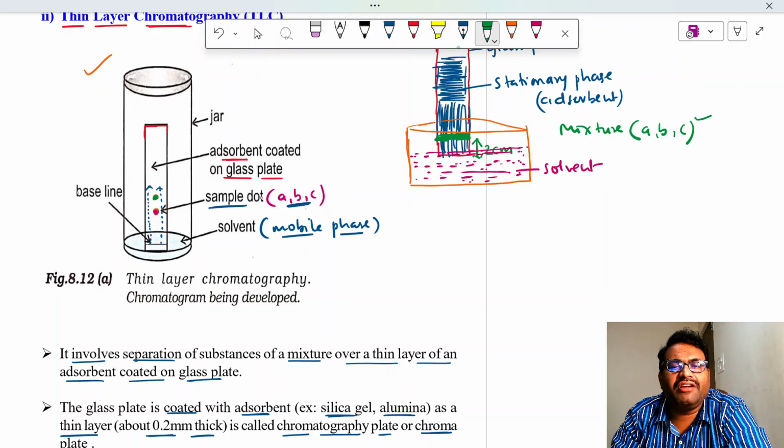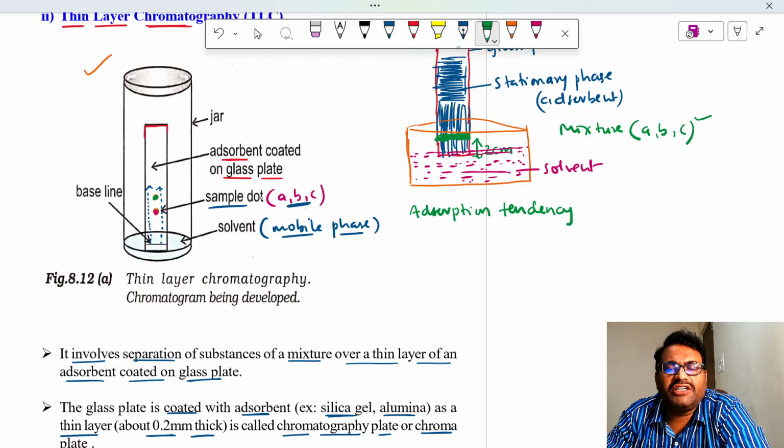Let us consider that adsorption tendency. Who is able to adsorb more? A has more adsorption tendency than B. B has more adsorption tendency than C.